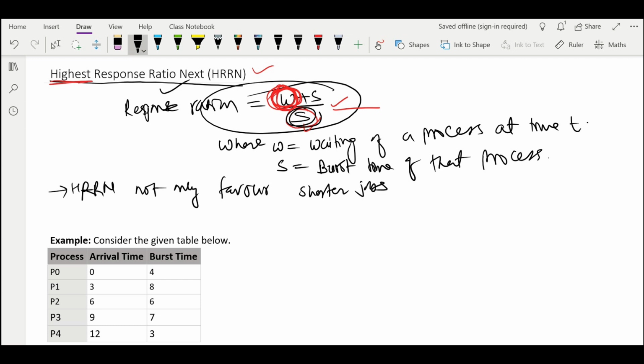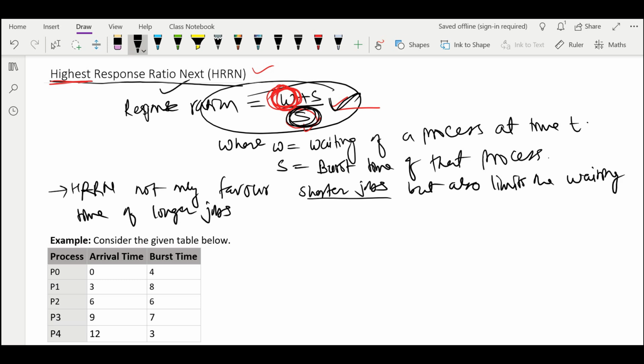Why? Because when the value in the denominator is small, the whole value will come out large. So it not only favors shorter jobs but also limits the waiting time of the longer job.